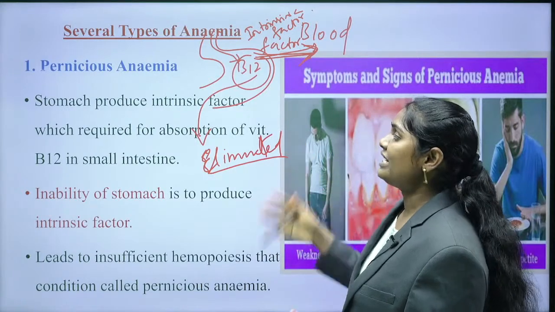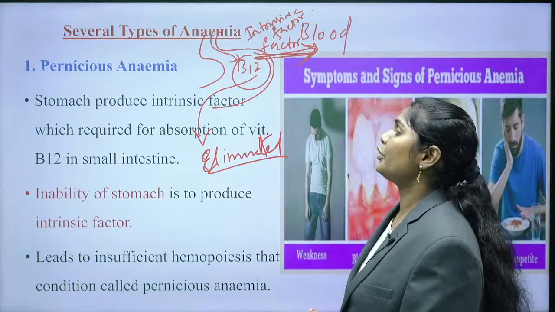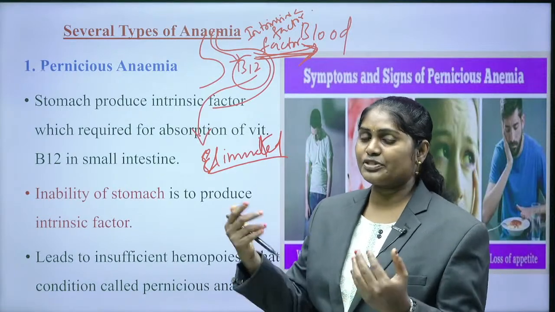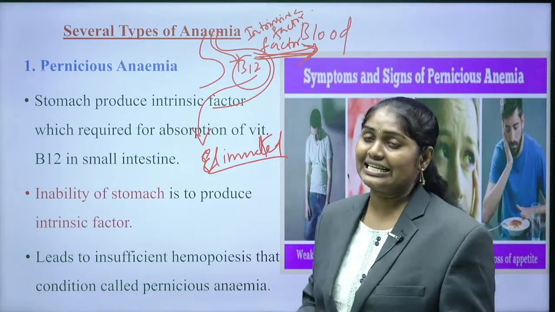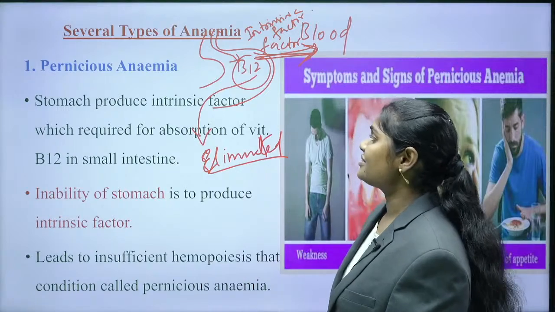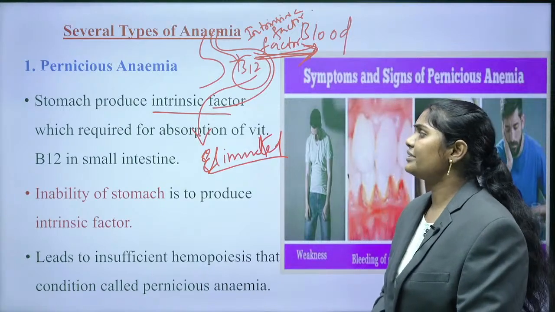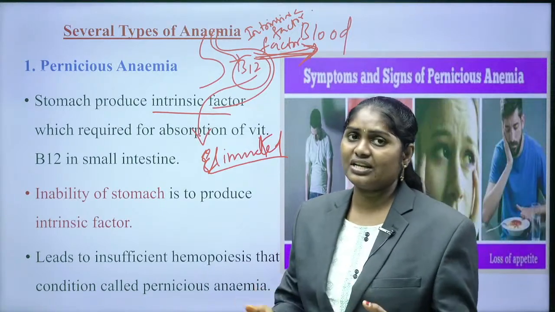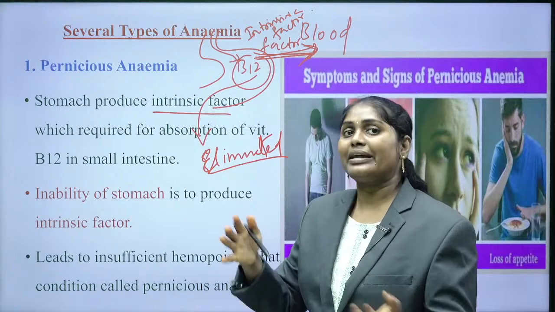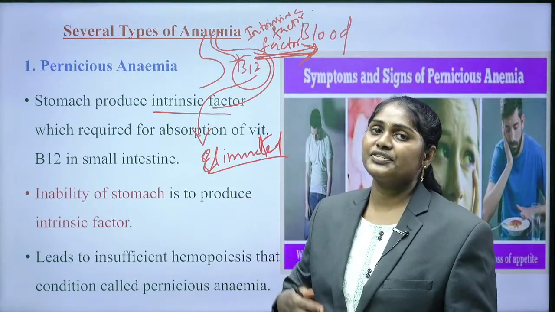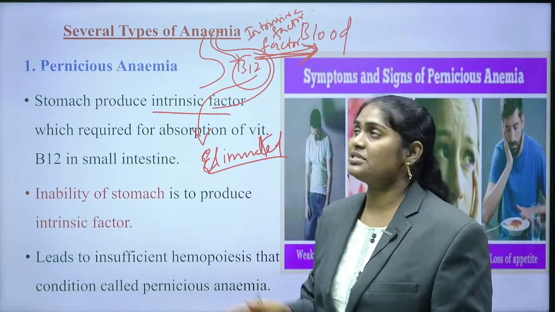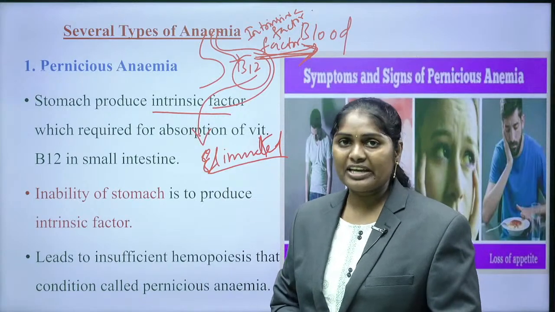So pernicious anemia means what? The stomach, specific types of cells in the stomach, produce the intrinsic factor, which is essential for absorbing vitamin B12 into the blood. But unfortunately, that factor is not produced in these patients.